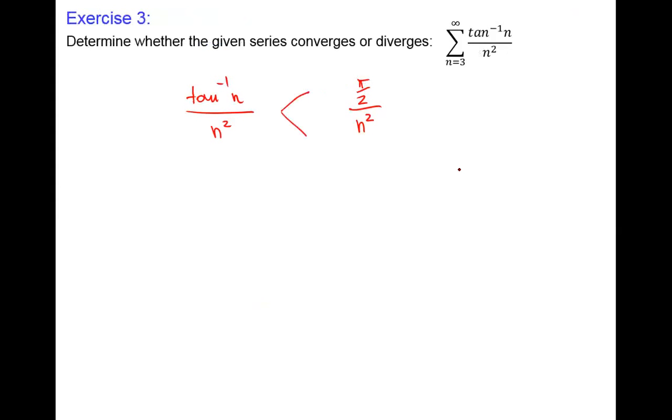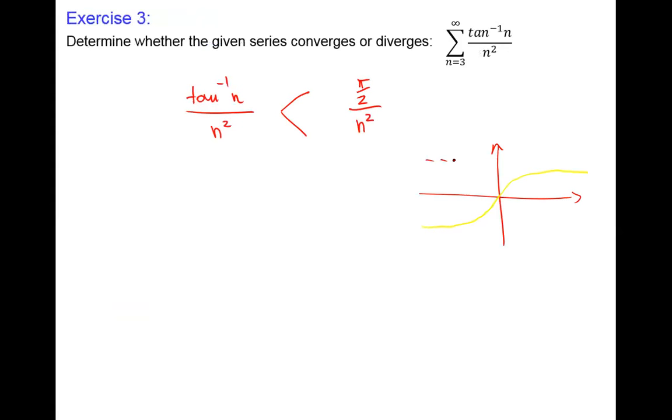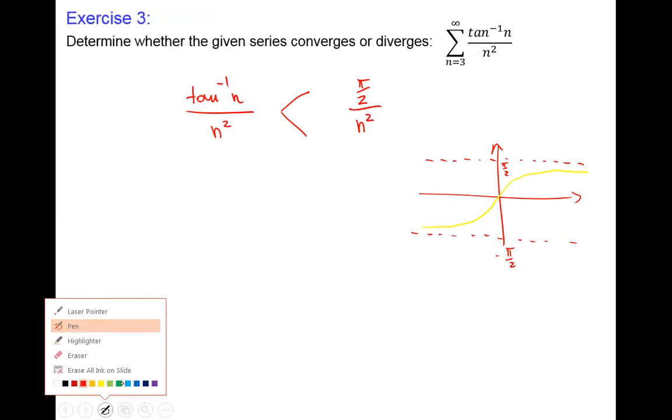Let's see how fantastic the new series we created is. I can draw, because we know inverse tangent looks like that, but we're not taking everything since we're just talking about a series. That means this is pi over 2. We do have a horizontal asymptote, and negative pi over 2, but we're not even looking at negative.